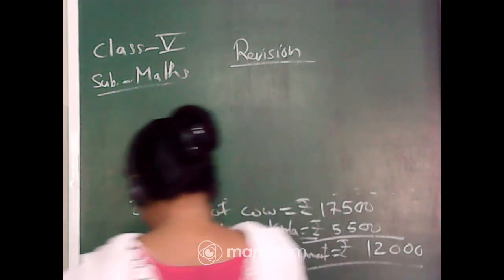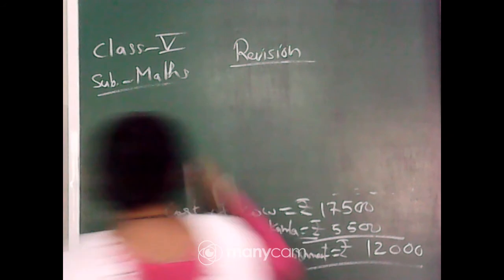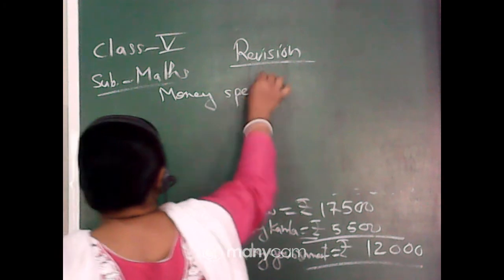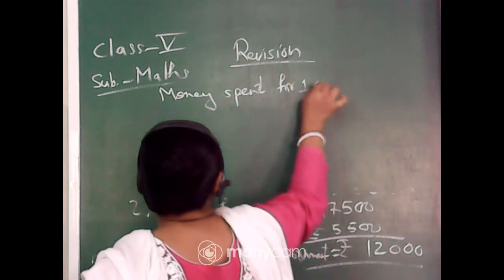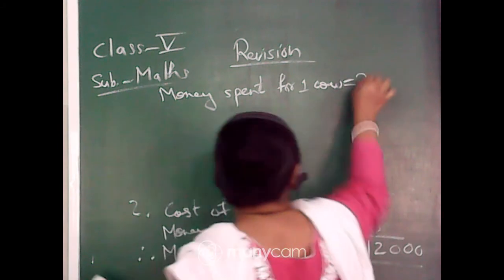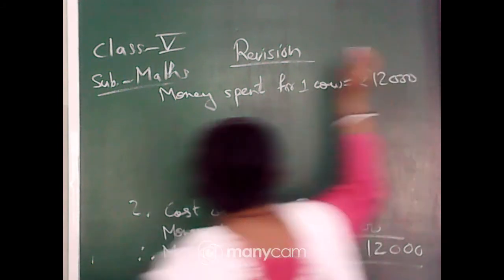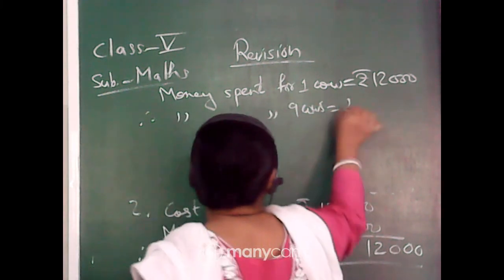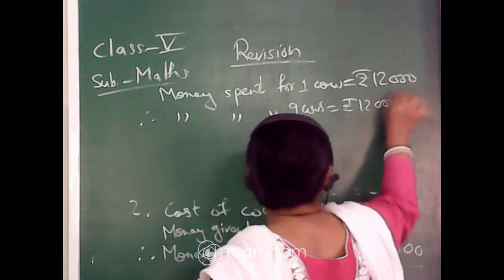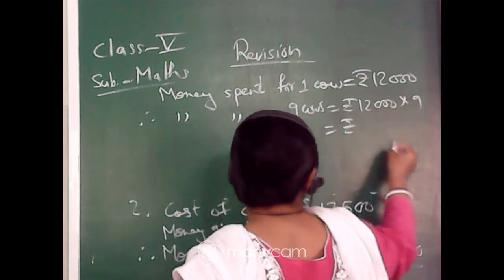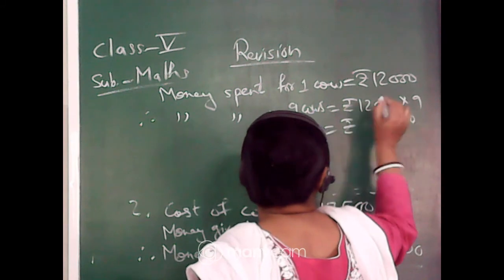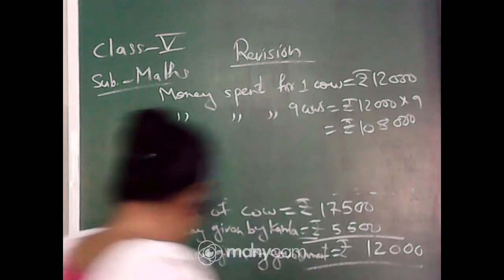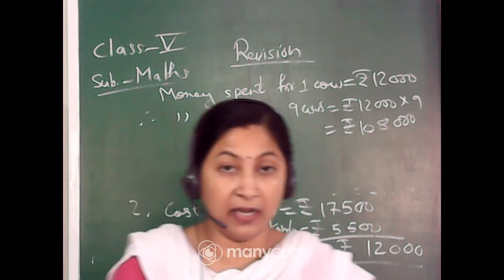So you will write, money spent for 1 cow is equals to rupees 12,000. Therefore money spent for 9 cows, rupees 12,000 into 9, that is rupees 108,000. So this much is the amount the government has spent for 9 cows.